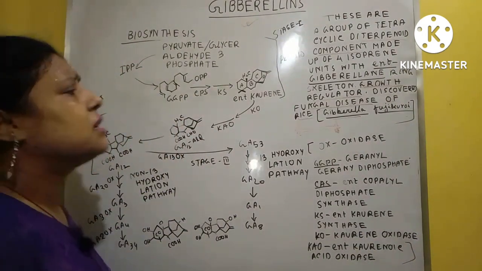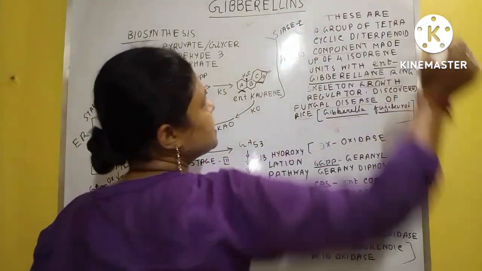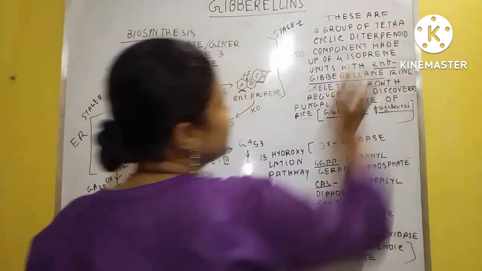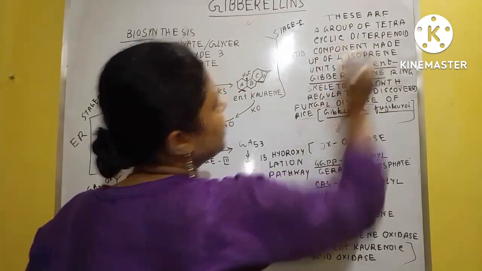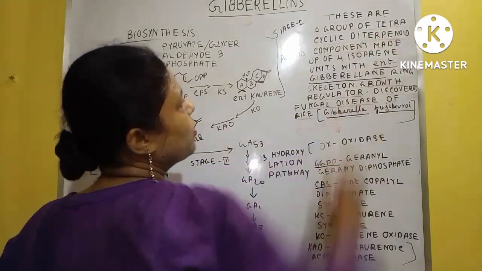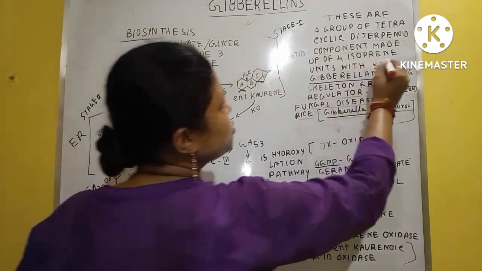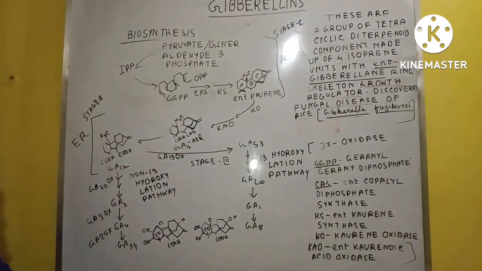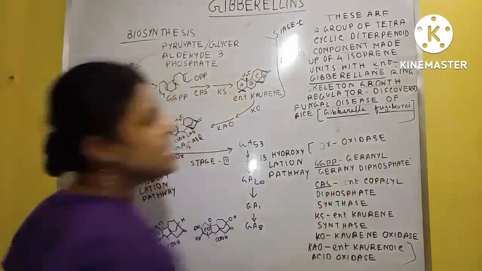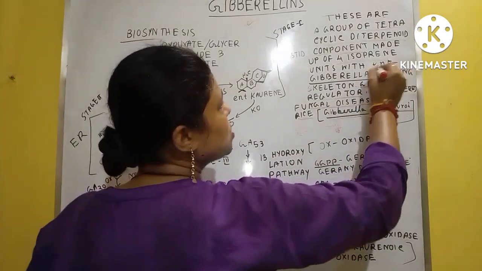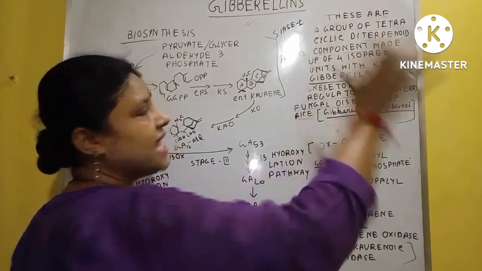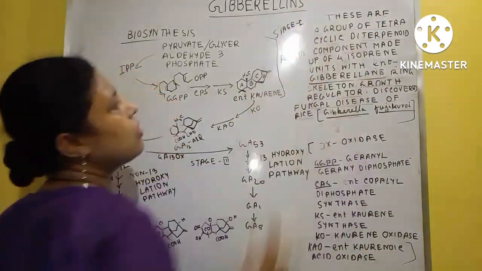So what is gibberellin actually? It is a group of tetracyclic diterpenoid compounds. Tetra means four. It is generally made up of four isoprene units with an ent-gibberellane ring. The four isoprene units attach to each other during the formation of the gibberellin.